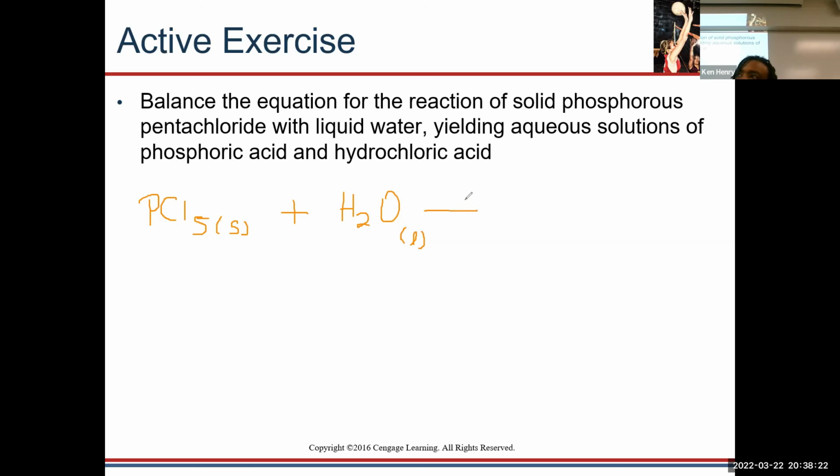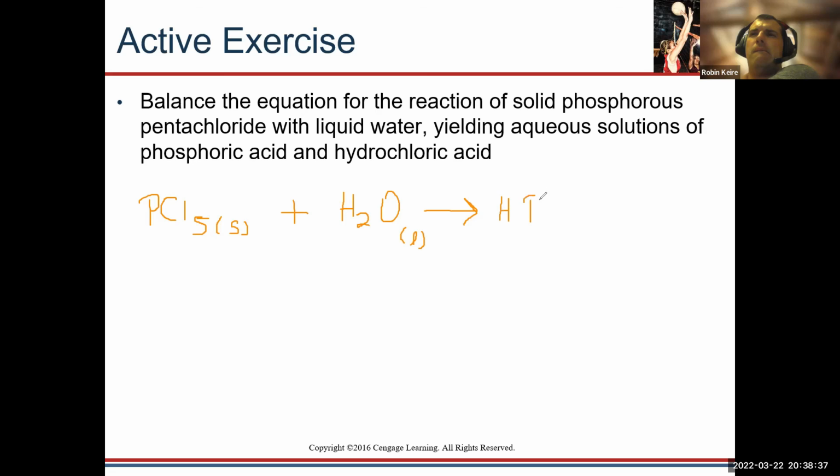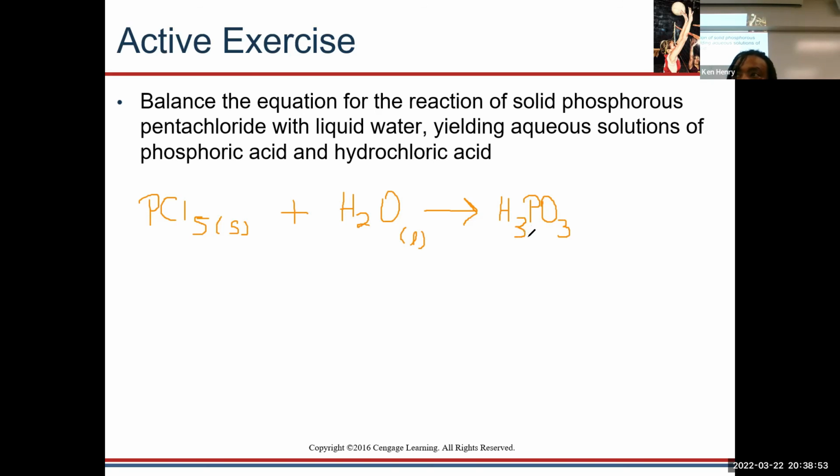And that's going to yield phosphoric acid. HPO3. Are you sure? Are you sure it's that? I'm going through the H3, H. Okay. And phosphoric.